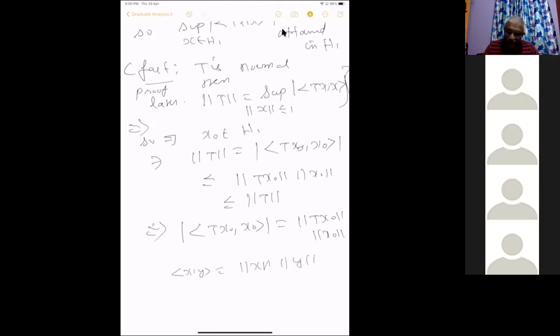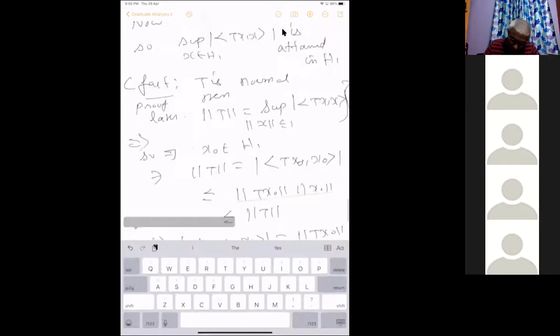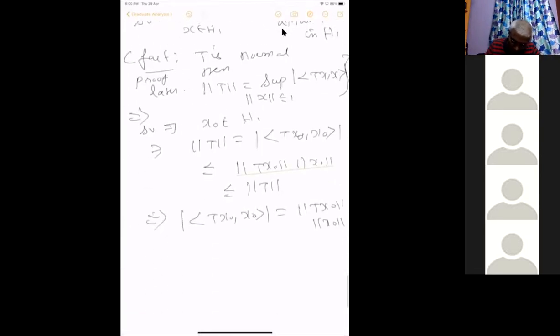It is equal if and only if x and y are linearly dependent, that is, a scalar multiple of each other. So by the converse of the Cauchy-Schwarz inequality, there exists a lambda in C such that T x naught equals lambda x.